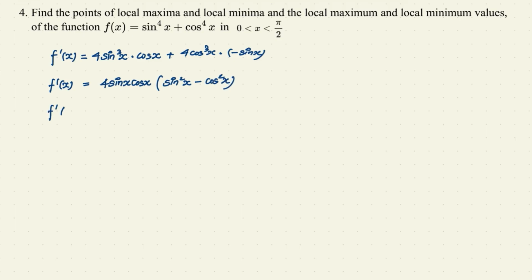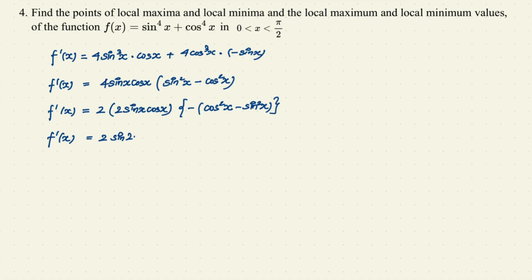So this implies f'(x) equals, here we can write this 4 as 2 into 2 sin x cos x, and let us take out minus common from here, then we will have cos^2 x minus sin^2 x. So f'(x) will be equal to 2 into 2 sin x cos x is sin 2x, and let us write minus in front, and cos^2 x minus sin^2 x is cos 2x.